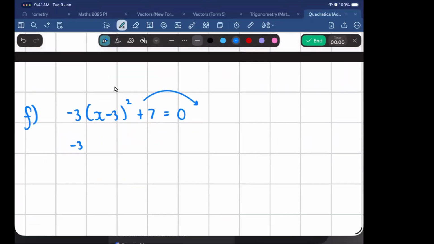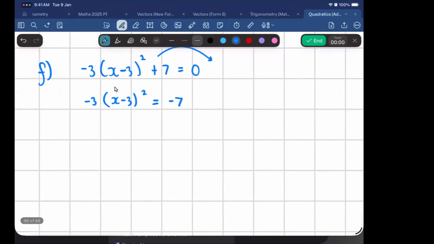So I'm gonna say minus 3, open brackets, x minus 3, squared, and that'll be equal to minus 7. Take your time and correct yourself. Zachary, what's next? Divide by A. What's A in this case?